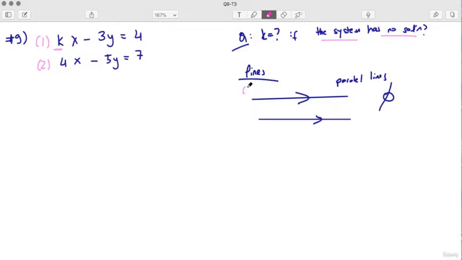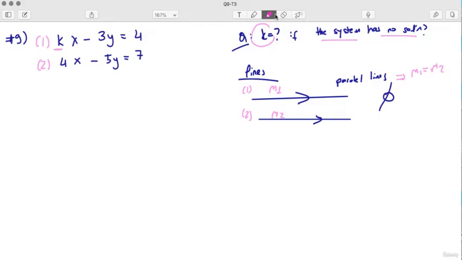Let's say this is my first line, this is my second line. This is the slope of the first line, the slope of the second line. Because they are parallel, their slopes are equal. So this is the condition I'm going to exploit to find what k is.